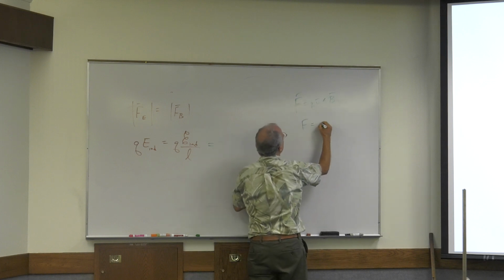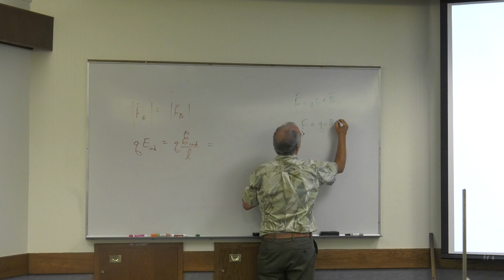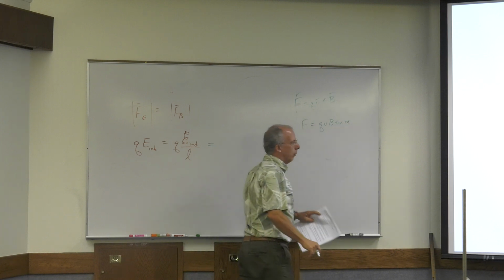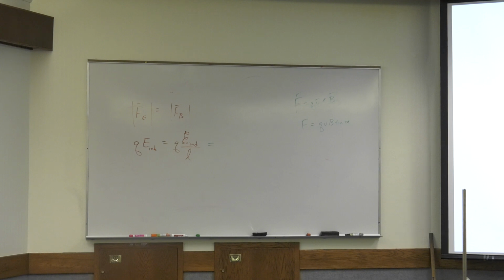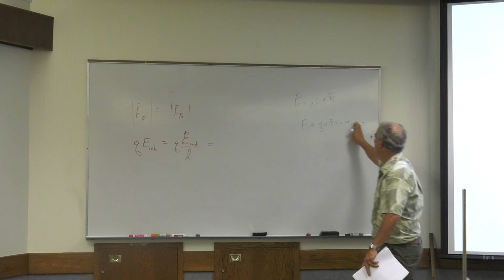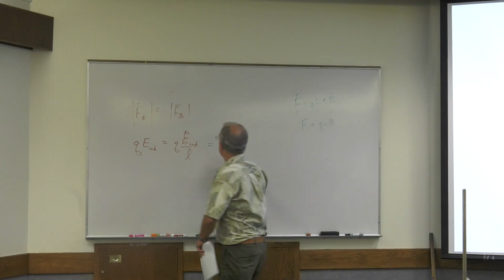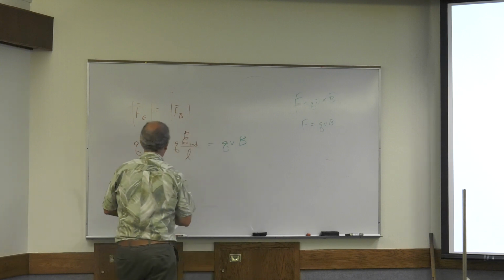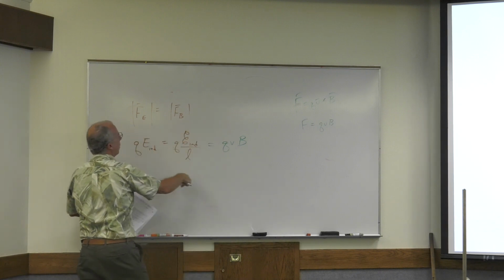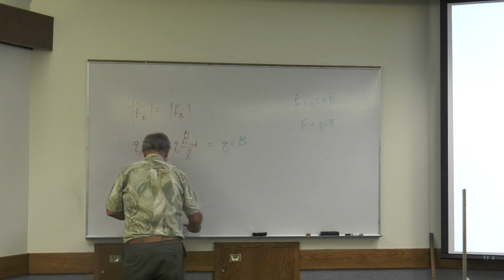Magnitude is just QVB sine alpha, right? But what's the alpha? Well, the V is this way, the B is that way. So what's the angle between this and this? It's 90. Sine of 90 is 1. So I don't have to worry about that. So I'll just say QVB. Okay? So the electric force in the brown equals the magnetic force in the green.